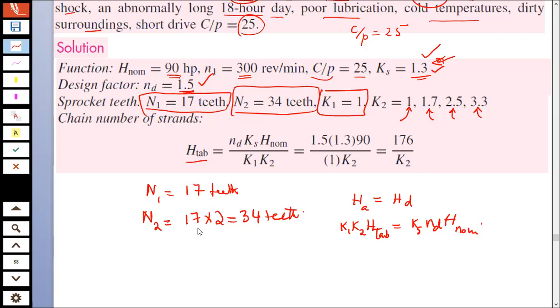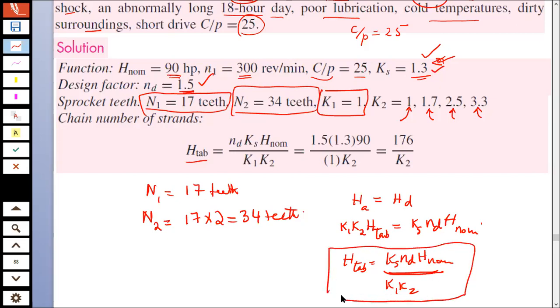Now, looking at this equation, can I solve for H tab from here? H tab will be equal to Ks and D H nominal over K2 K1. Yeah, this is my equation now.